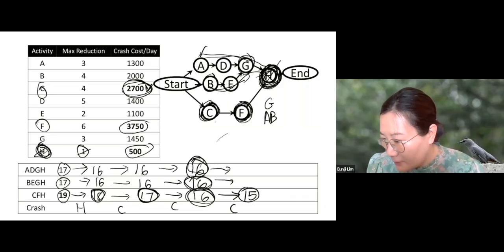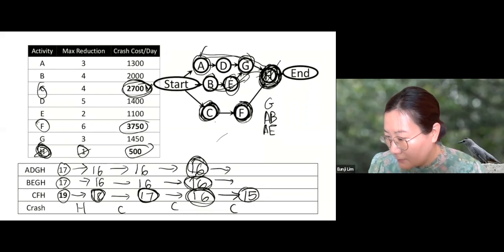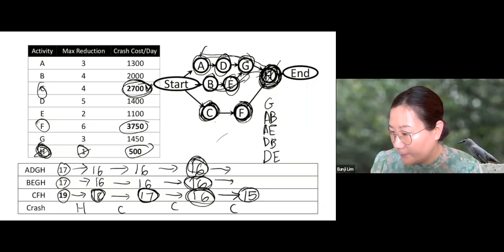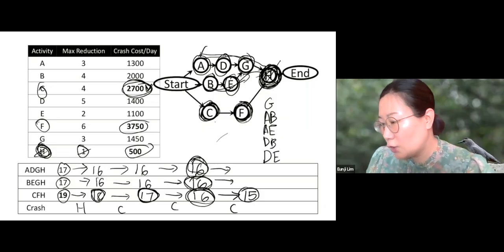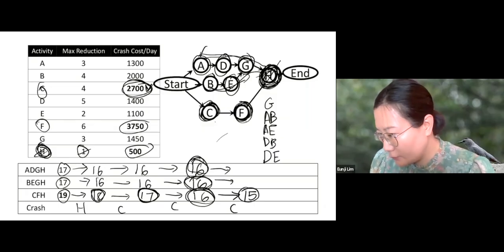Another possibility is crash A from the first path and E from the second. How about this? Crash D from the first and B. How about D and E, right? So these are all possible solutions.